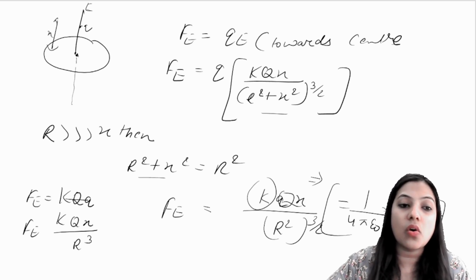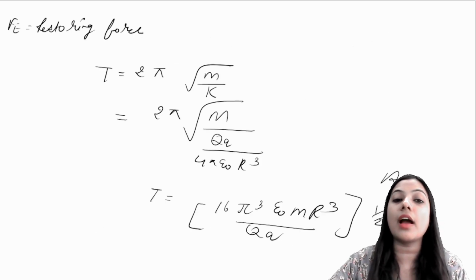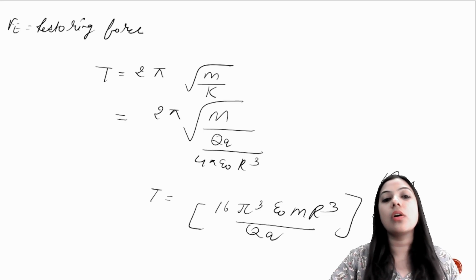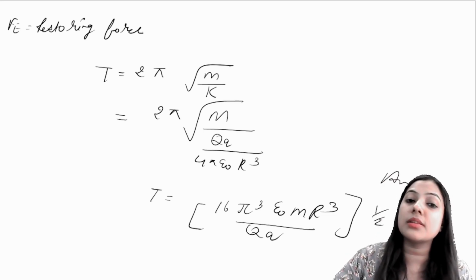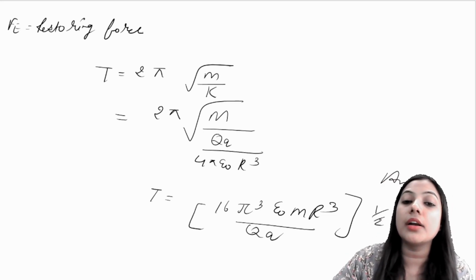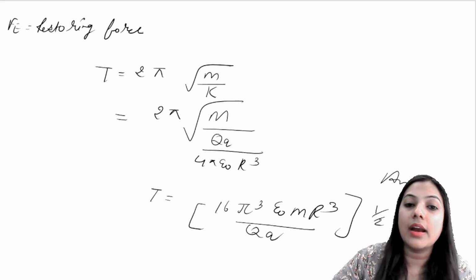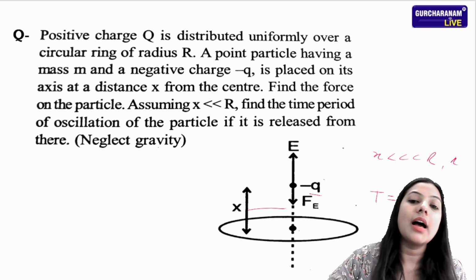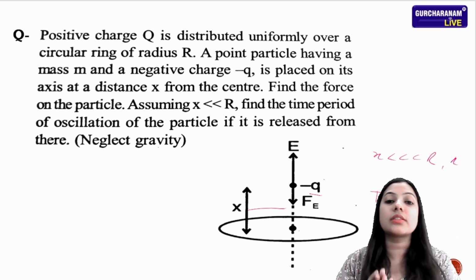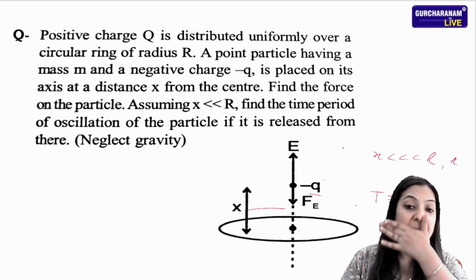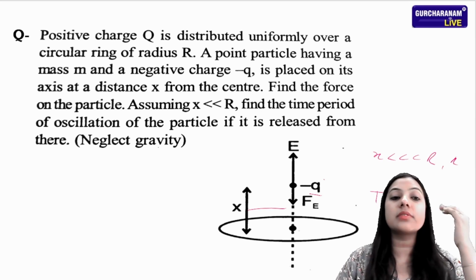According to the condition of the question, we have to find time. According to SHM, the value of time is 2 pi under root m by k, and after solving this we will get our answer. I hope students you understand this question. This kind of question is put in the exam.